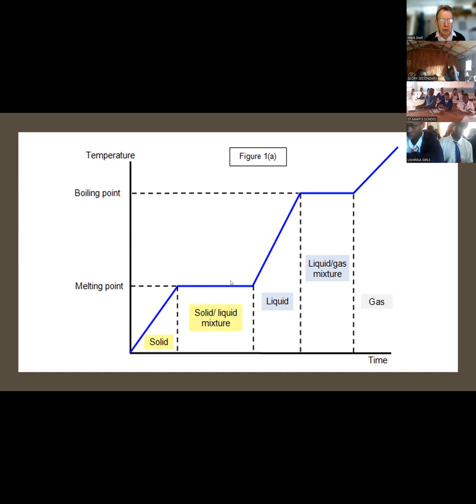When it's breaking the bonds here in the horizontal bit, this is what we call melting. So we have solid, then solid liquid, and then boiling, liquid gas mixture, and then just gas.